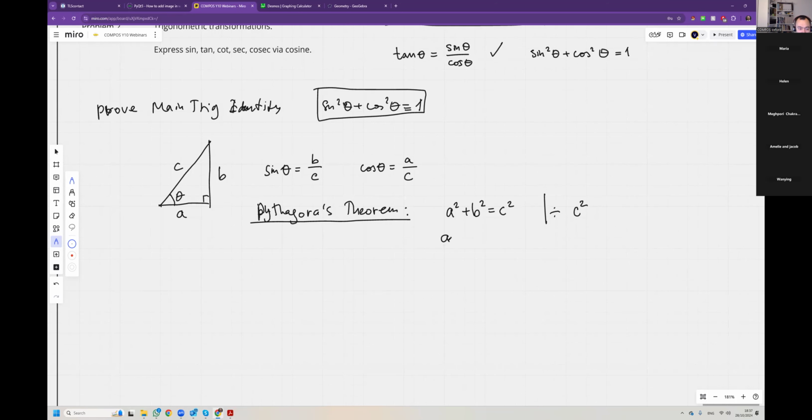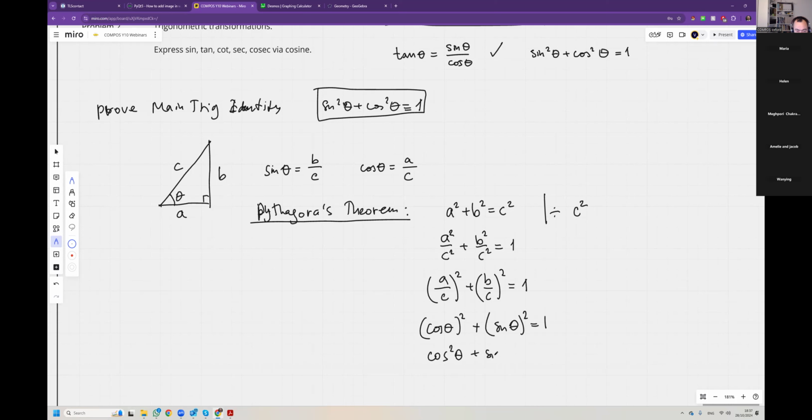It's a squared over c squared plus b squared over c squared equals 1. But a over c, we already know that's cosine theta, and b over c is sine theta, so this can be written simply as cos squared theta plus sine squared theta equals 1.